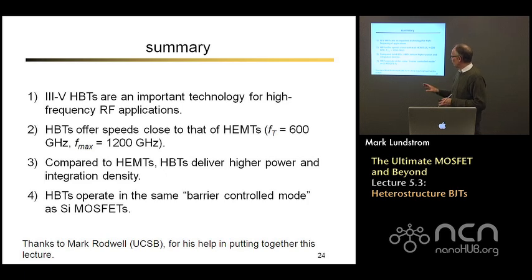So they're used in power amplification and some other applications. You might have a HEMT in your cell phone. You'll have HBTs in the cell phone towers, for example. But the important point for us is that HBTs operate in this same barrier-controlled mode that silicon MOSFETs do. So it's a different type of transistor, but one whose essential physics is very similar.